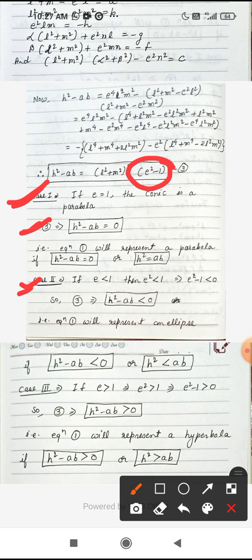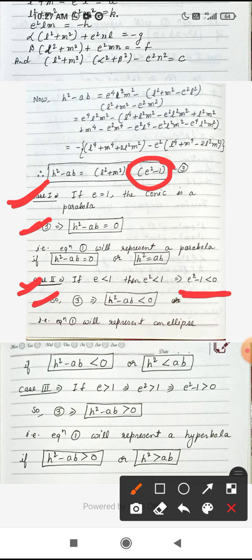Similarly, we know that if E is less than 1, then it will represent an ellipse. So if E is less than 1, then E² is also less than 1, or we can write E² − 1 is less than 0.